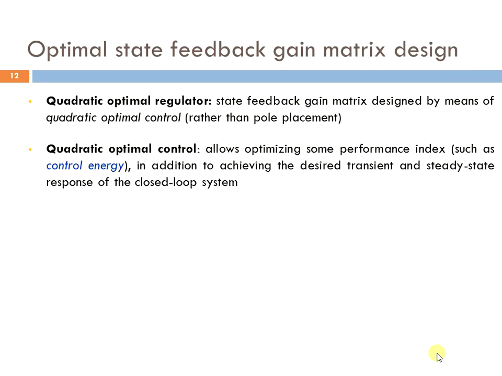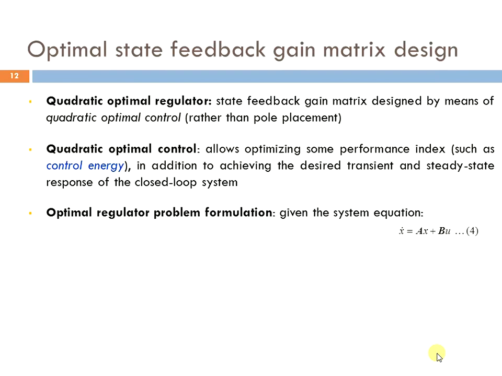So here we are going to look at the optimal state feedback gain matrix design by means of a quadratic optimal control, so as to optimize the control energy as well. So we still begin with our system represented by the state equation according to equation 4, and we want to implement a state feedback control law given by equation 5.